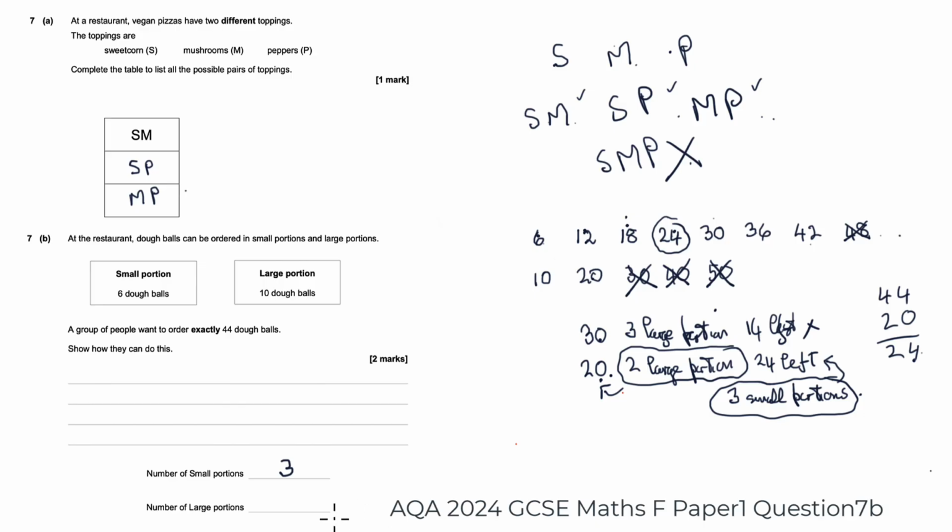Number of large portions is 2. And if you want to just reinforce this, the 3 small portions would be 24 and 2 large portions would be 20. And there's the check that 24 plus 20 does give us 44.